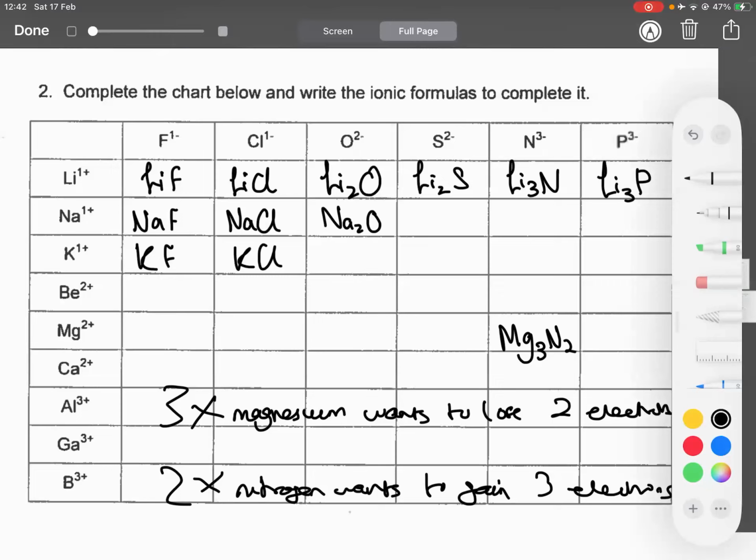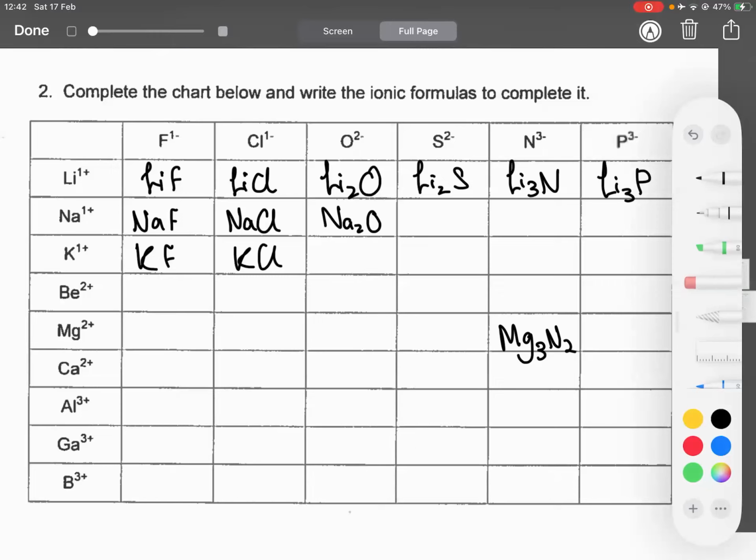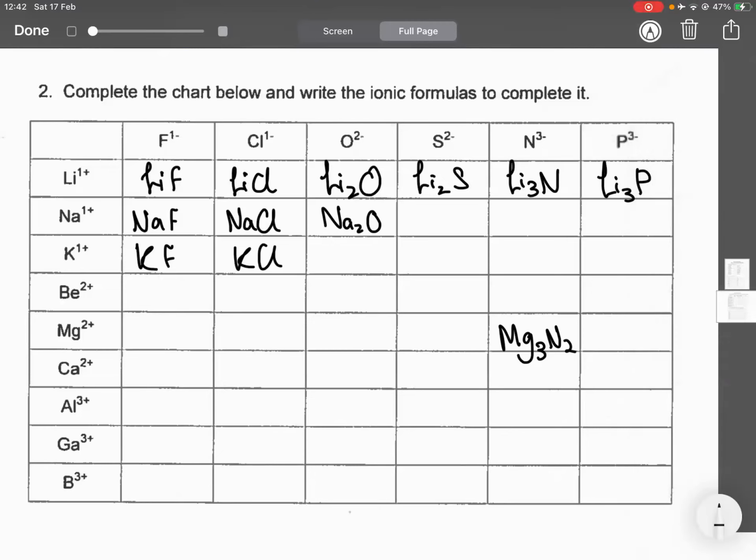So let's try a few more quickly. What about aluminium chloride? Al1Cl3. Yep.